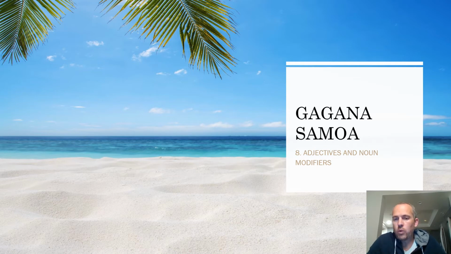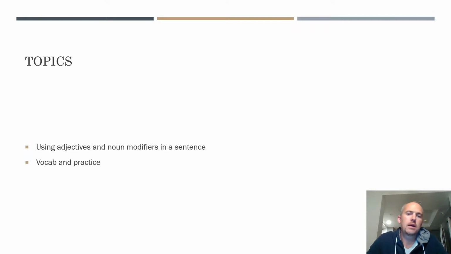So today I wanted to talk about using adjectives and nouns, or something that modifies a noun in Samoan. So it's pretty simple and straightforward. And again, hopefully what this does, it just starts building your capabilities in speaking a new language. So today I wanted to talk about using adjectives and noun modifiers in sentences.